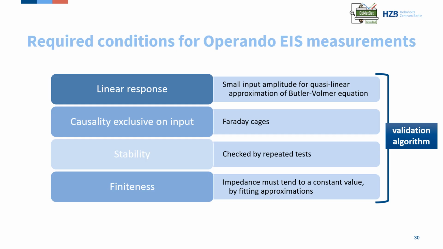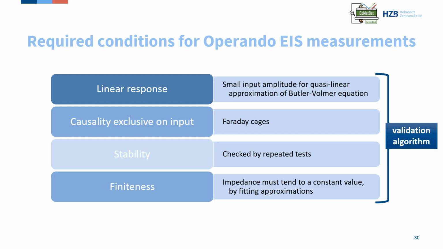On the other hand, electrochemical impedance spectroscopy has some requirements to ensure the validity of its measurements. Such validity can also be evaluated with a validation algorithm. These requirements can also be accomplished under different considerations. For instance, quasi-linear approximation of the exponential voltage-current relation is possible with a small oscillation amplitude of the input signal.